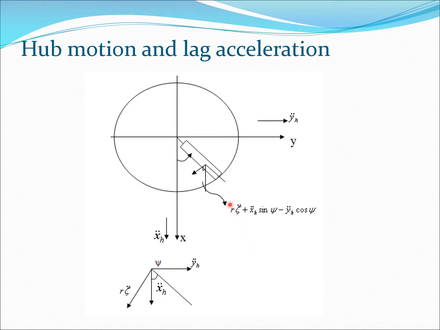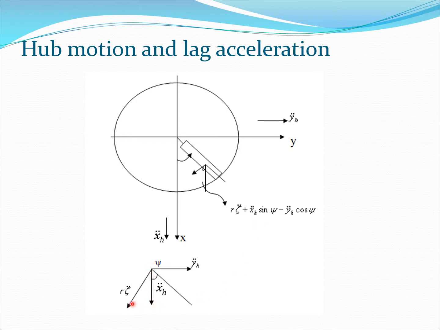The r zeta double dot term is of course coming purely from the lag direction. So there is a lag motion here, and r is the length from the root of the blade to the point at which you are, so at this section. That's the source of r zeta double dot. Now you look at xh double dot, which is in this direction.